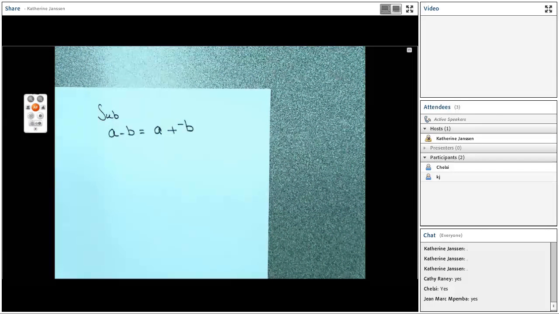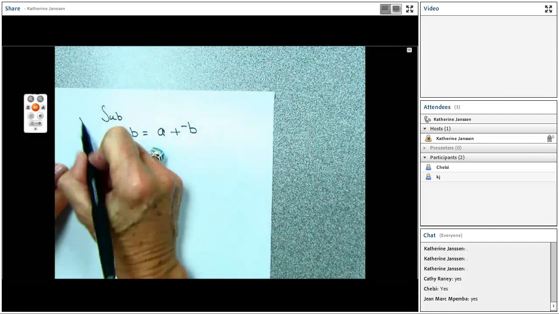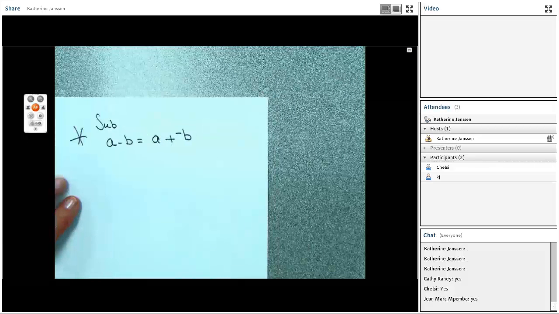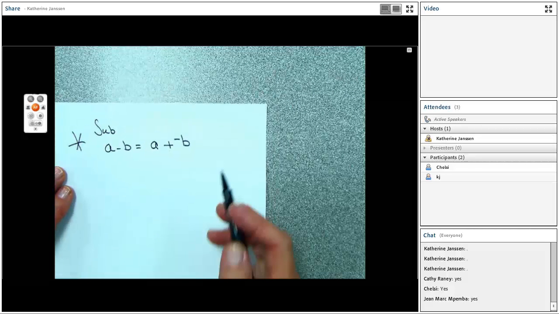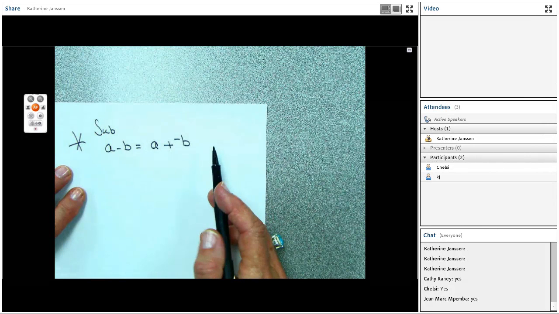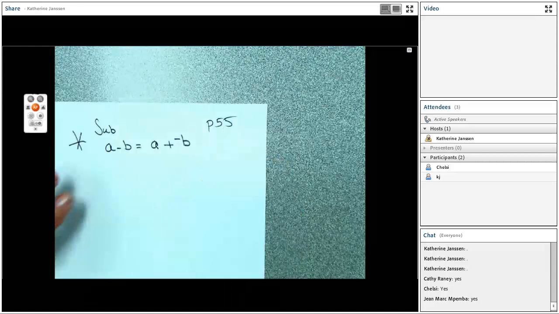I know the sign of the number that I'm adding. Otherwise, the sign of the number is tied up or wrapped up within that operation of subtraction. We oftentimes drop a sign, lose a sign, miss a sign. So this is the most important thing you need to correct yourself on if you're making any of those kinds of mistakes. Page 55.